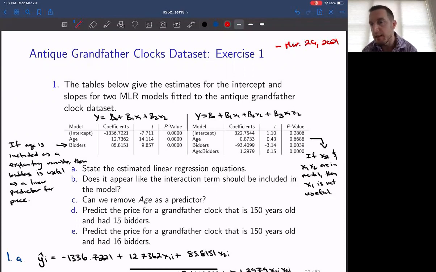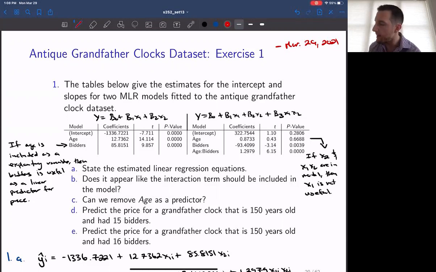The difference is that the interaction model is slightly more complex than the regular model, because the interpretation of that interaction term is so difficult to explain. So we would prefer to not have to use it, but if the interaction term is beneficial to us, then we should keep it in the model.